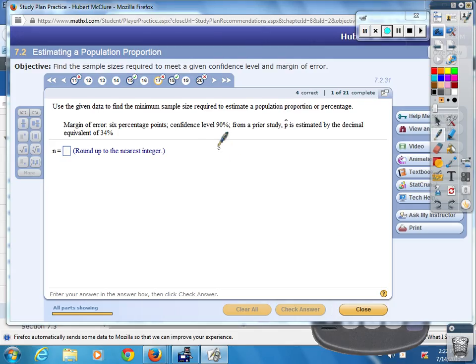What's the Z-score? 1.65. Our P hat is equal to 0.34. So our Q hat is equal to 0.66. And margin of error is 0.06.